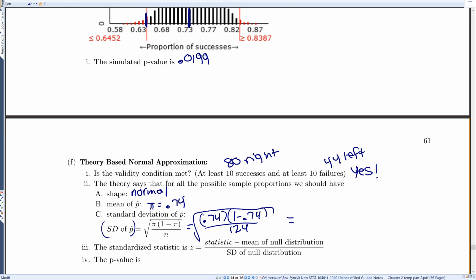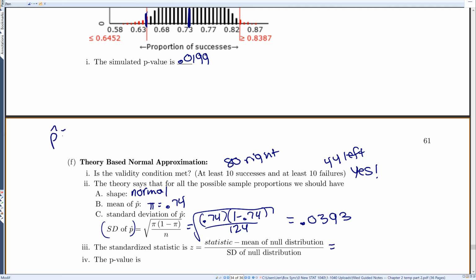So you might want to practice putting that on your calculator, 0.74 times 1 minus 0.74, divided by 124. Now, don't forget to take the square root at the very end. It gives me 0.0393.